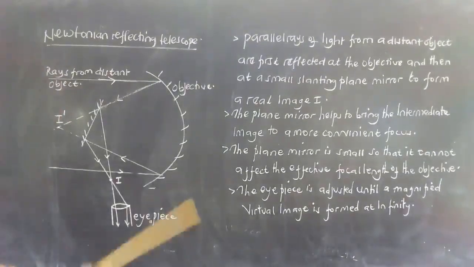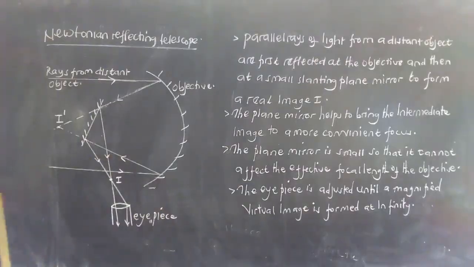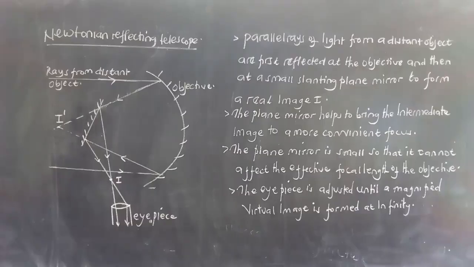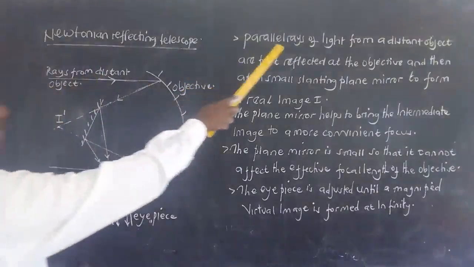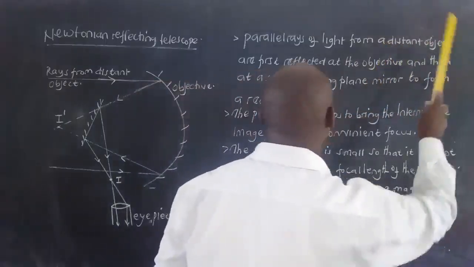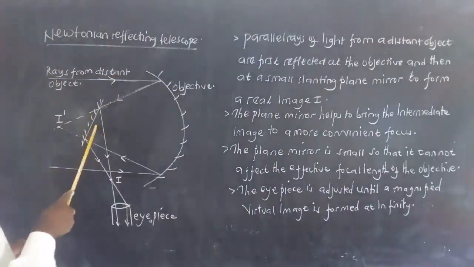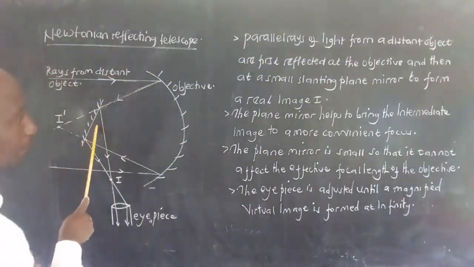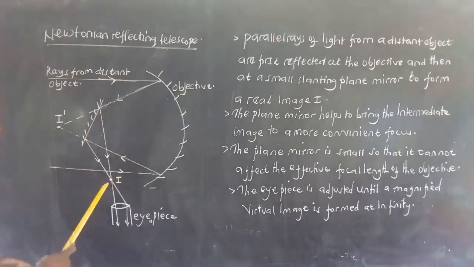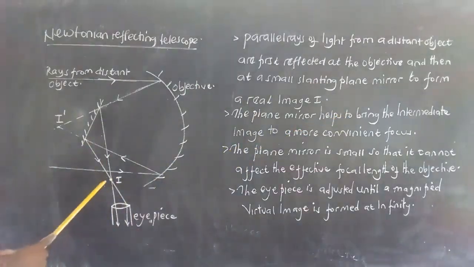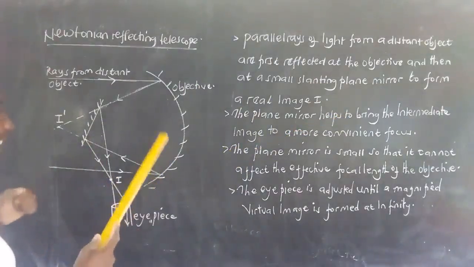So this is the Newtonian reflecting telescope. Here we use an objective concave mirror of long focal length and a small slanting plane mirror. Parallel rays of light from a distant object are first reflected at the objective and then at the smaller slanting plane mirror to form a real image I. The plane mirror helps to bring the intermediate image to a more convenient focus.